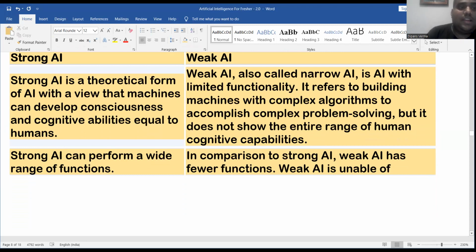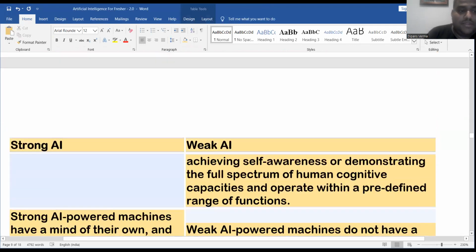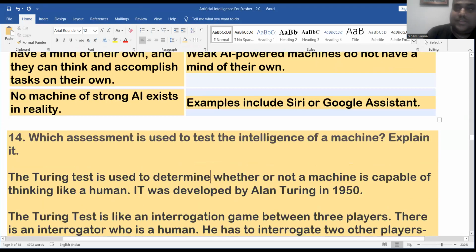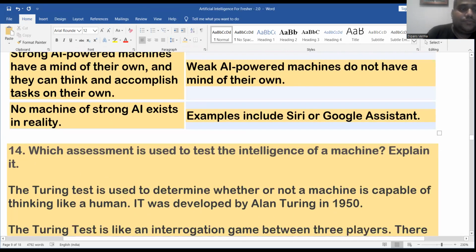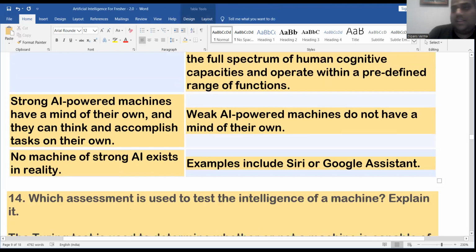Strong AI is a very advanced AI with ability almost equal to humans. But we can say no such strong AI exists in real life, so that is a problem.